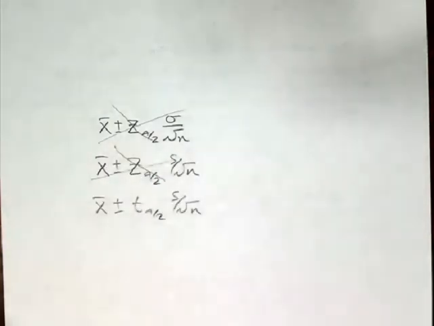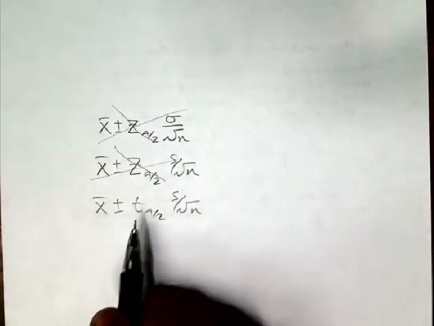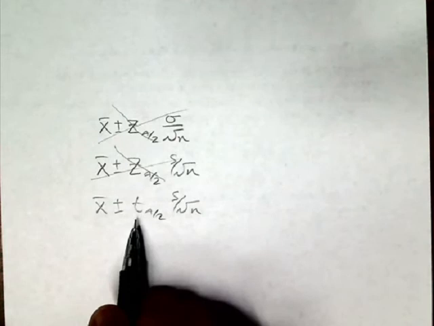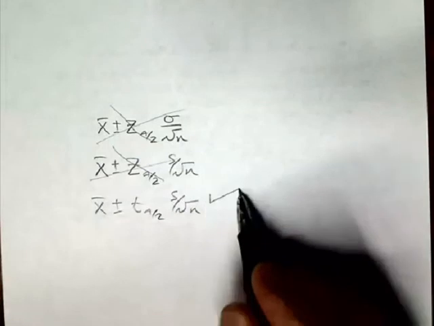What about this last one? This one works in the small sample case, but we have to have the condition that the data is normal. And well, we assume that the diameters are normal, so this one actually will work for us. We have a random sample.